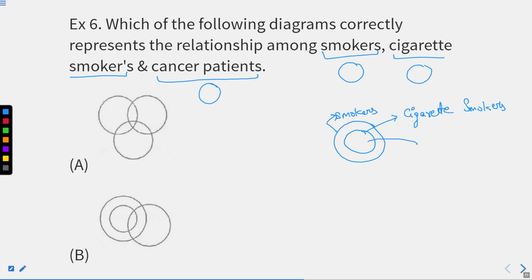So this circle, intersecting both the circles, will represent cancer patients. I hope this is clear, right? And we have made our diagram. As soon as we have formed the diagram, you can see which option matches. Option B is matching, so don't hesitate while answering. Option B is your answer, right?